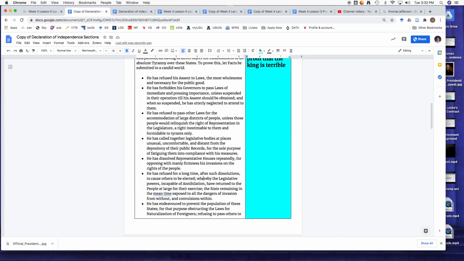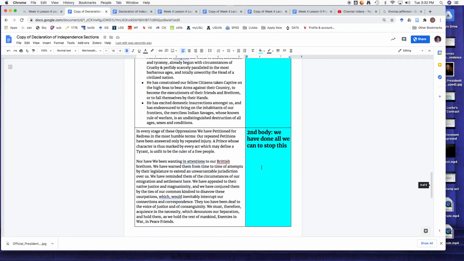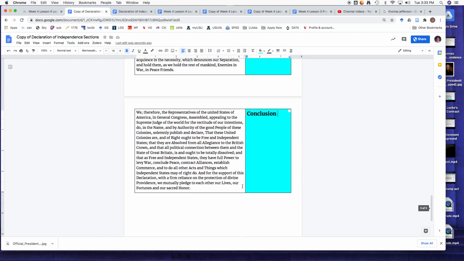Well, the government is not protecting their rights, it is taking them away. And we've done all that we could. And therefore, here's the conclusion. We're independent. They're declaring independence.